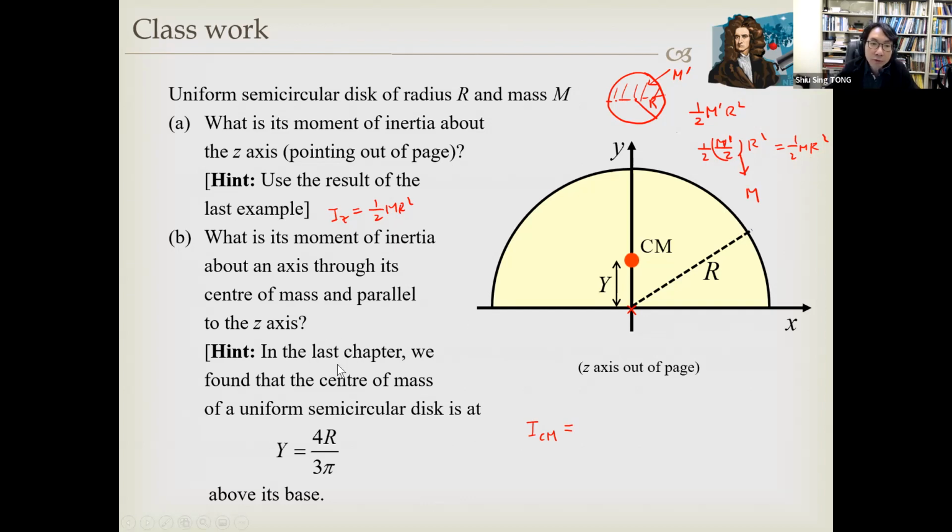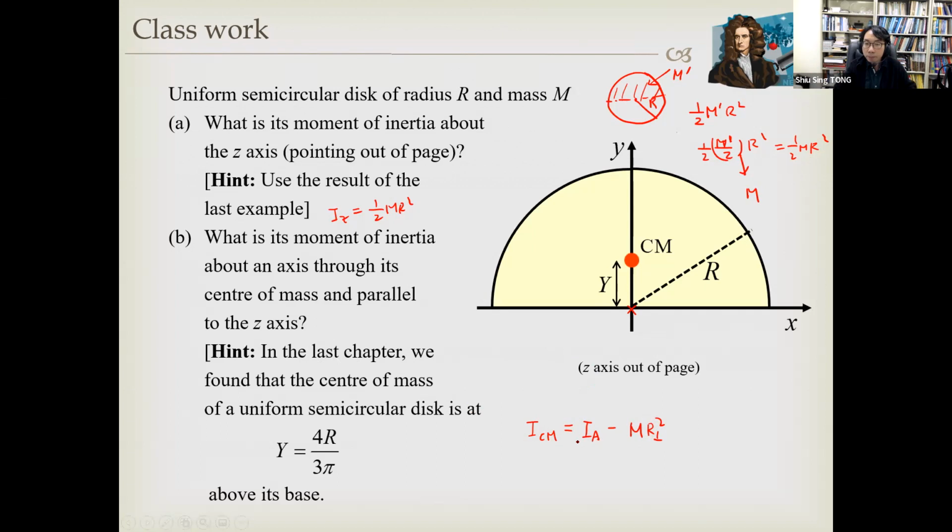Now, for the moment of inertia about the CM, I_CM, I apply the parallel axis theorem. It is equal to I_A, as far as I remember, minus M R prime squared, right? The M R prime squared always goes with the CM as a plus sign. If you move it to this side, it becomes a minus sign.